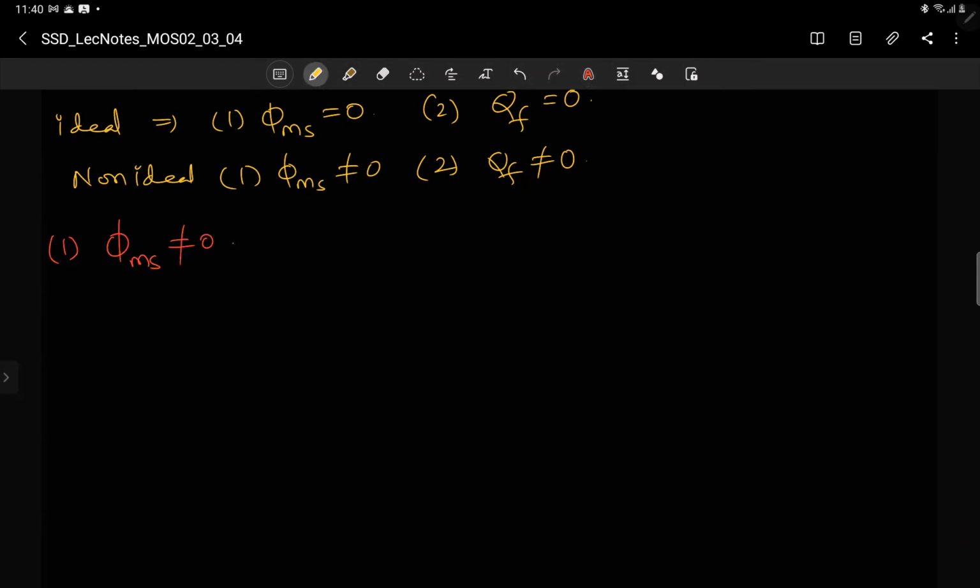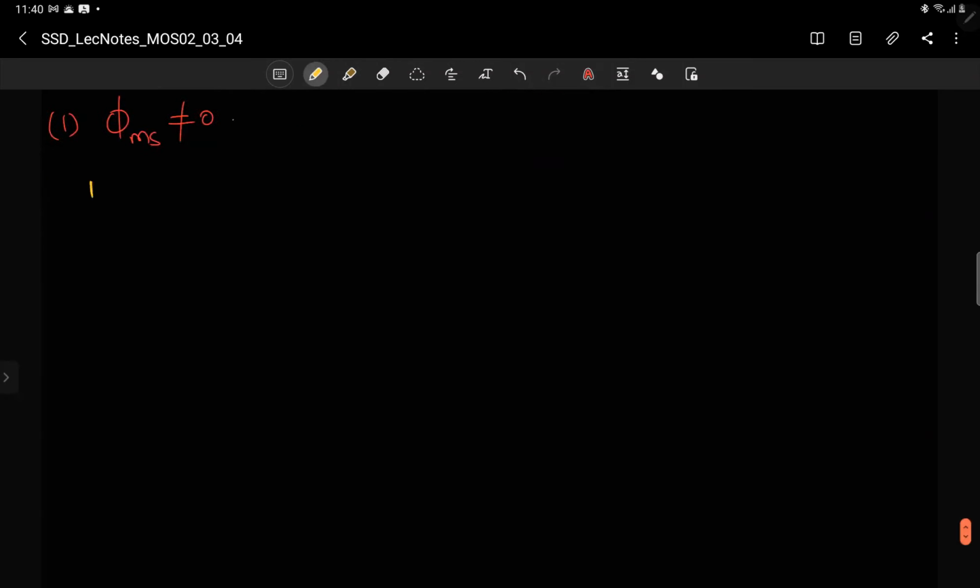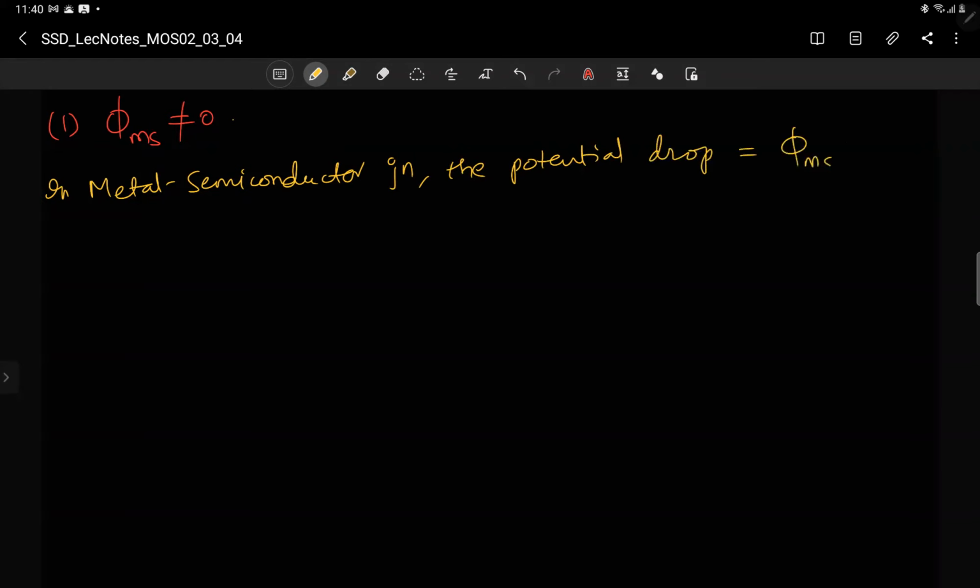Okay. So what it means is there is a metal semiconductor junction. In metal semiconductor junction, the potential drop is equal to phi ms. That's what it means. So you have a metal oxide semiconductor, and then there is another metal here.